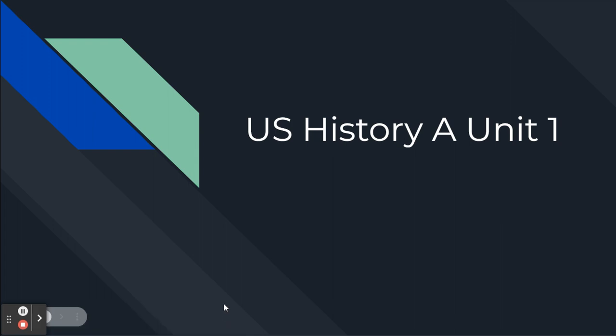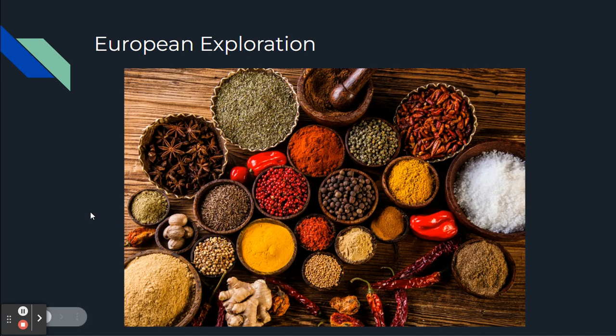This is a ton of really cool stuff, and I almost can't believe that it's all together because there's so much information here. So we start off with Lesson 1, which talks about European exploration. The real reason that Europeans were coming to America was because they were looking for a quick way to get to India and get spices.